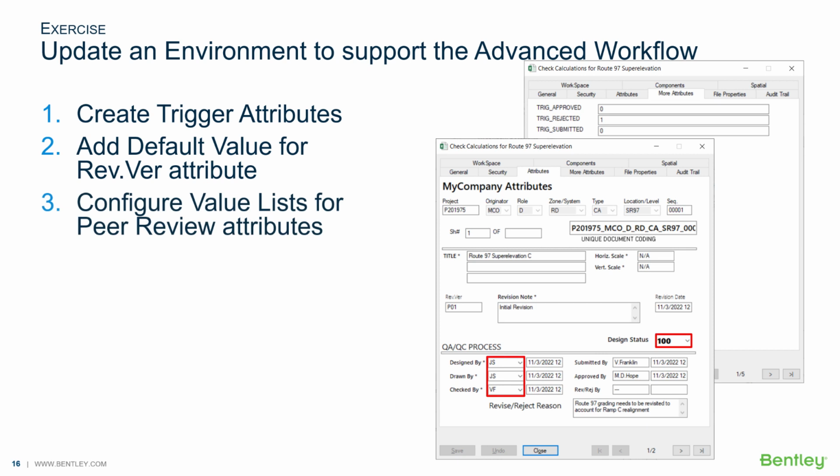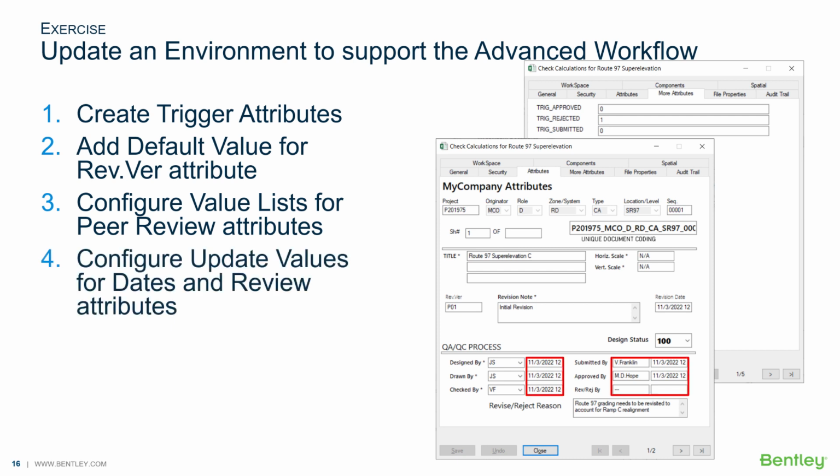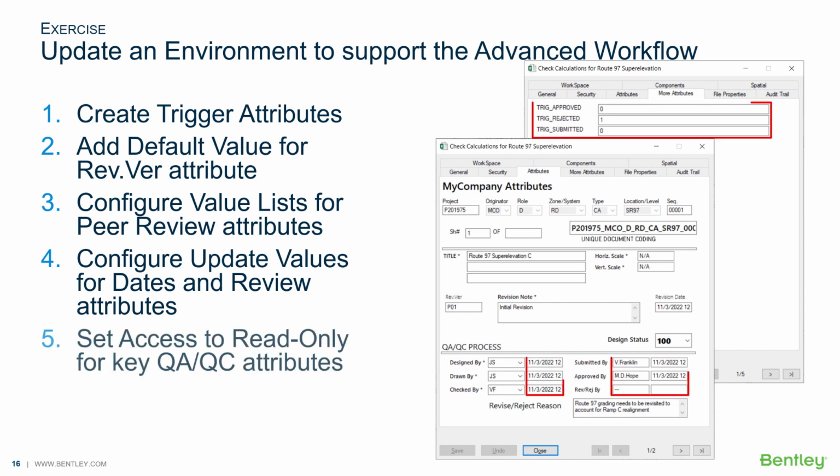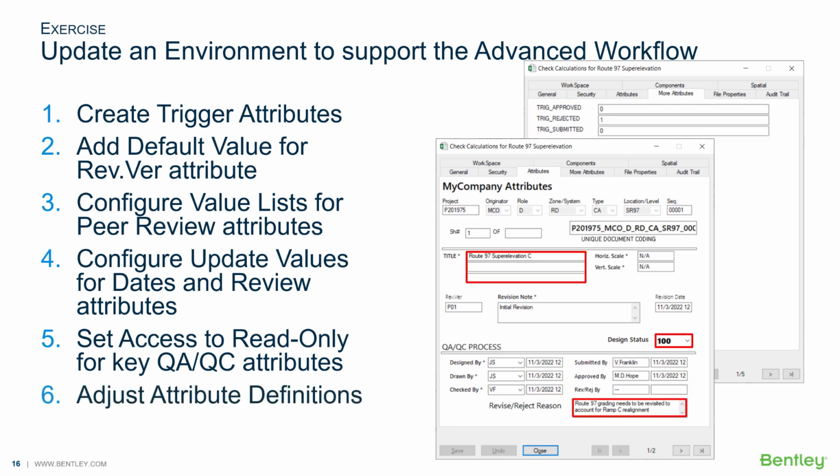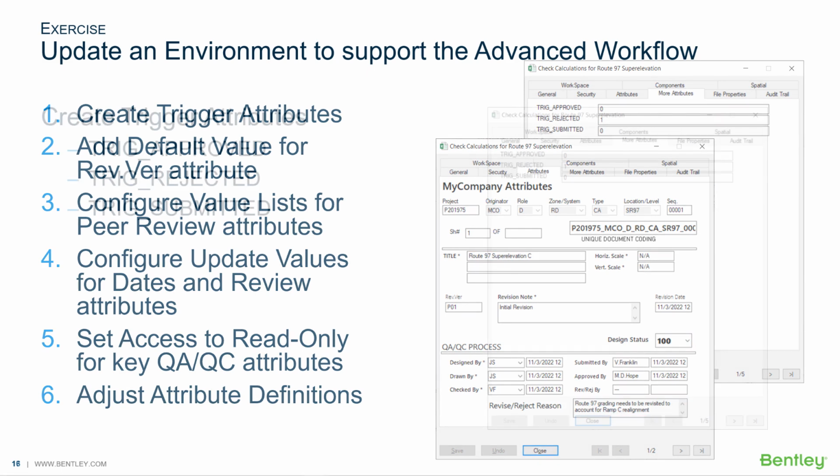Configure value lists for the peer review attributes. 4. Configure update values for dates and review attributes. 5. Set access to read-only for key QA/QC attributes. And 6. Adjust attribute definitions. This lesson's exercise will walk us through each task.